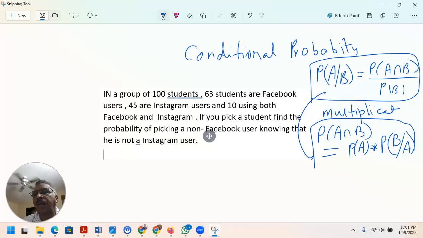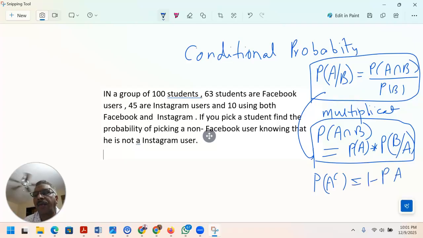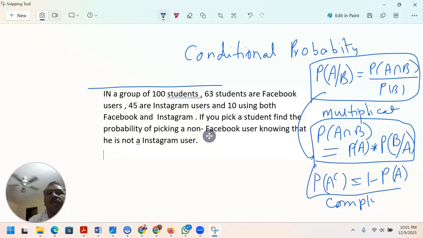And you also need to know that probability of A complement is 1 minus probability of A. This is the complement rule. So these are the three formulas that we are going to use in figuring out this one problem.